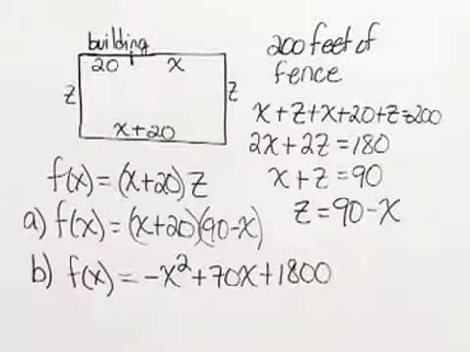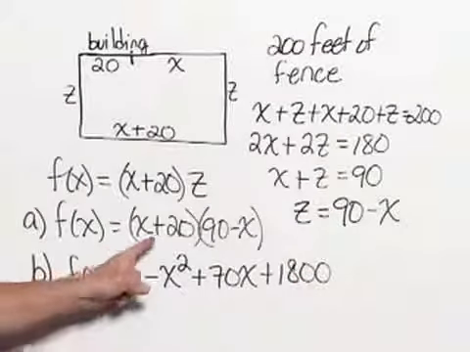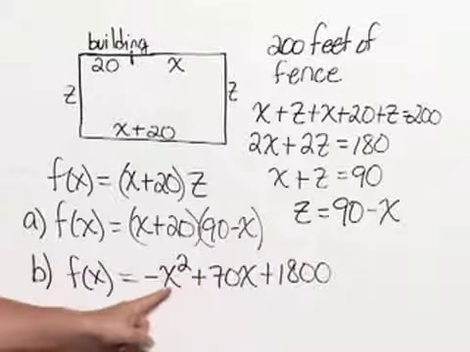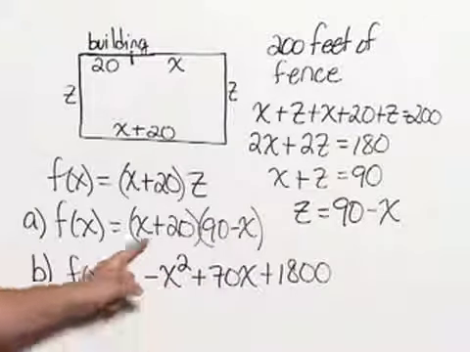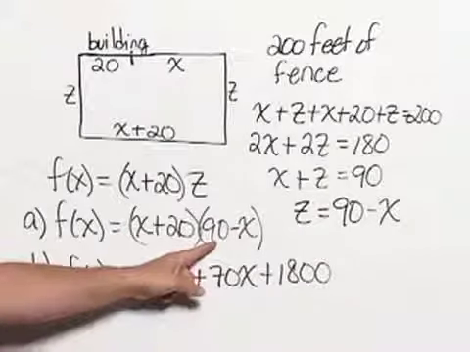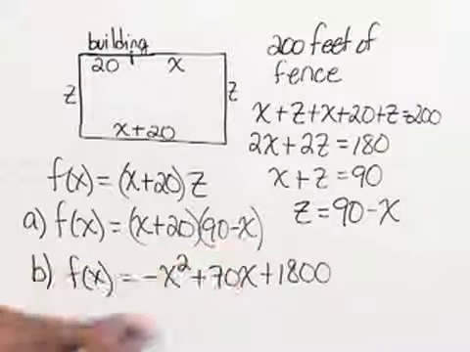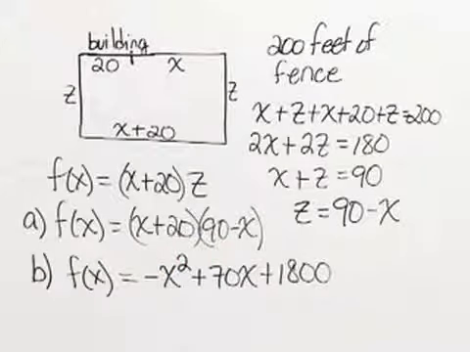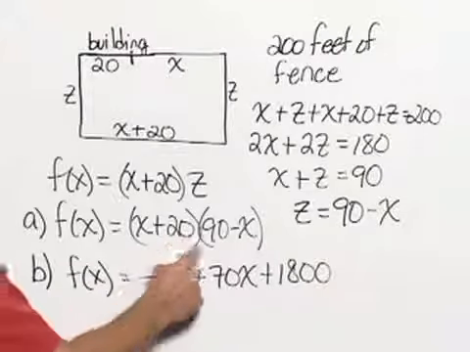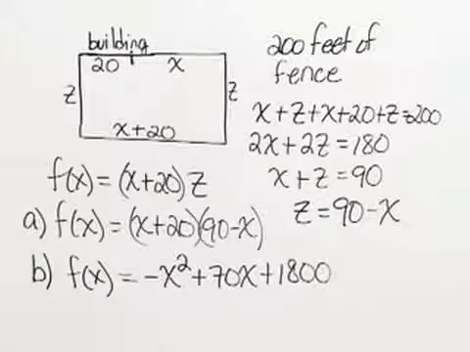Let me show you very quickly that the x times the negative x gives me the negative x squared. The x times the 90 and the 20 times the negative x would be 90x minus 20x for the 70x, and then the 20 times 90 gives me the 1800.